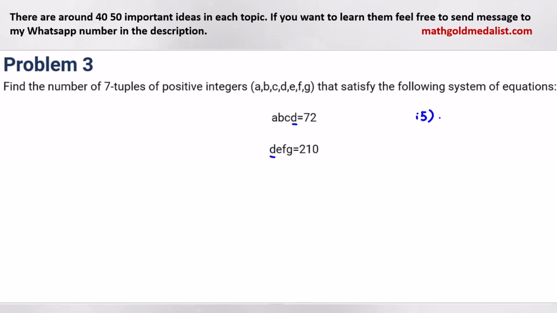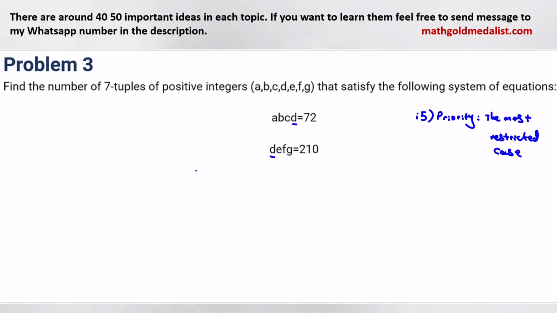Idea 5 is to consider the priority: start with the most restricted or limited case. Here it is D.